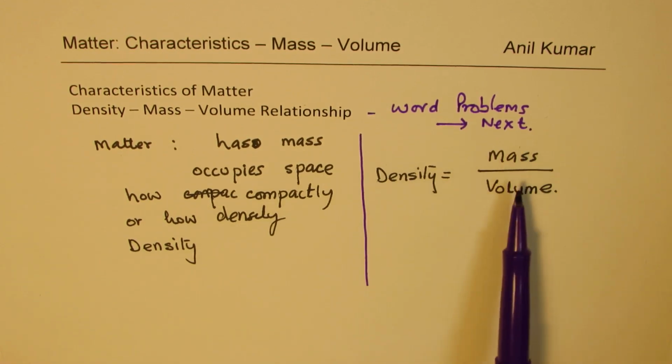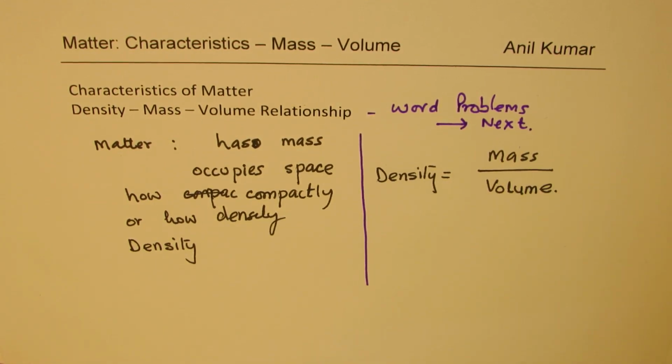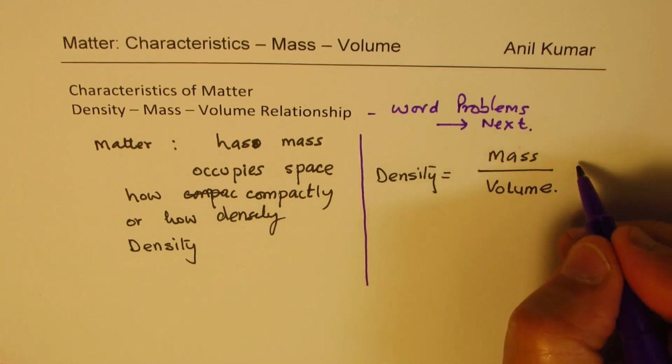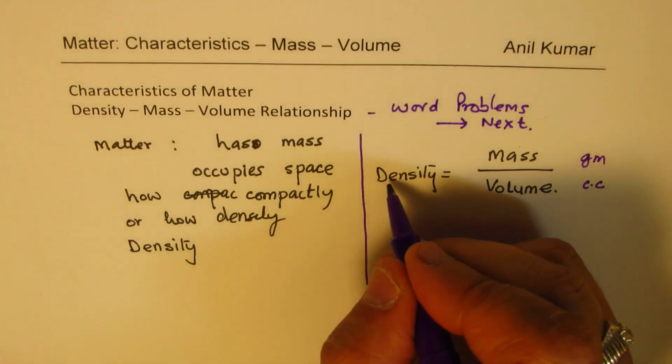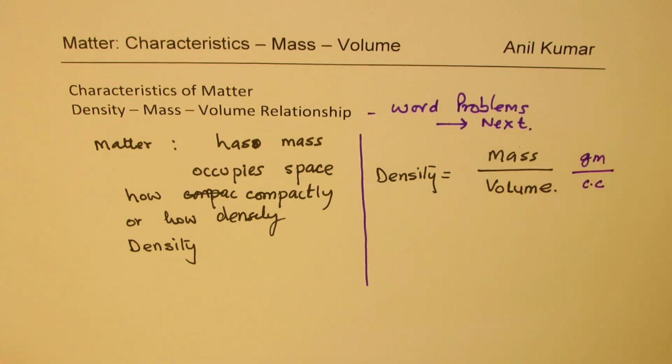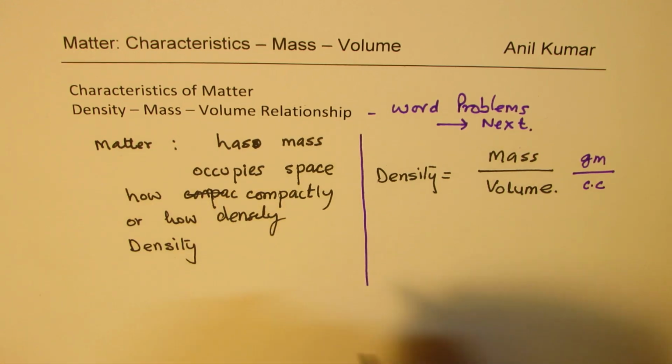So density is mass per unit volume, right? Normally in the units, we will say grams, centimeter cube. So the density will be grams per centimeter cube. So that will be the unit, right? So density is defined as mass per unit volume.